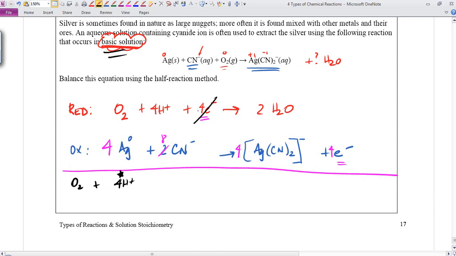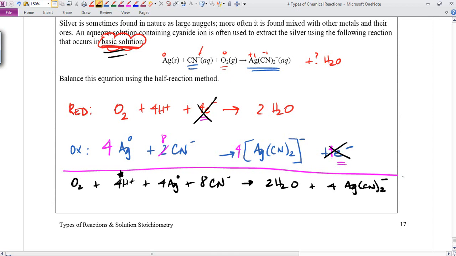The whole idea here was to cross off those 4 electrons. So I've got everything in red on the left-hand side down here, so I need to add the 4 silvers and the 8 cyanides. 2 waters and 4 of the complex. And again, you can write it with or without those brackets, and I don't want you to sweat this. Alright, so just remember that it's got a -1 charge on it.